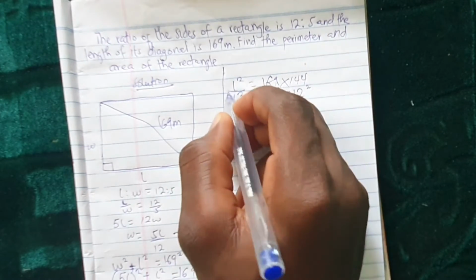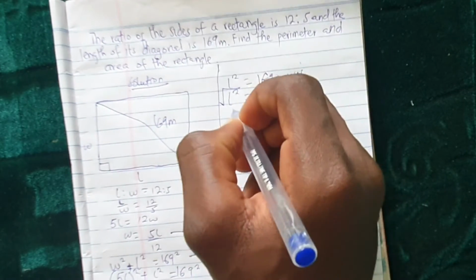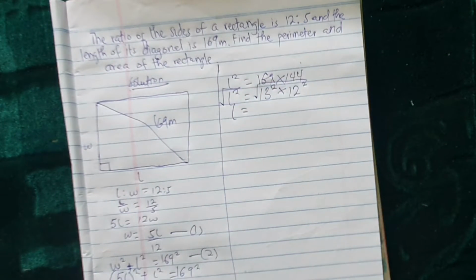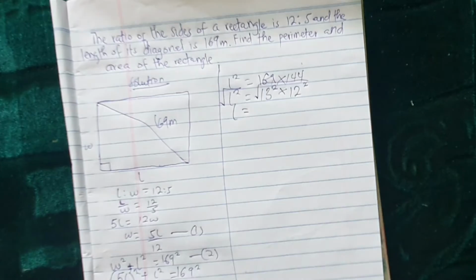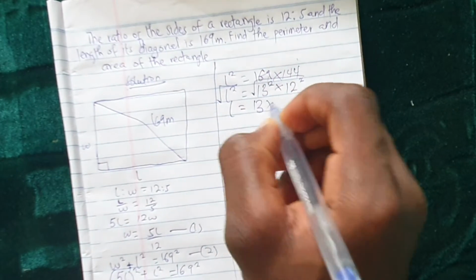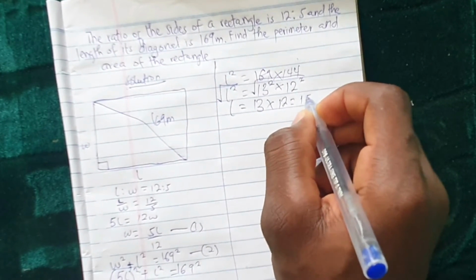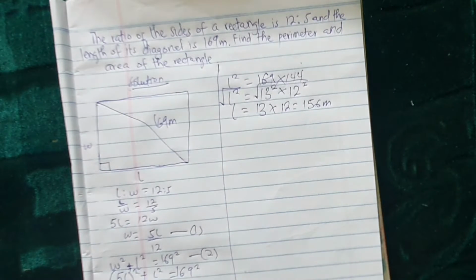If we square root both sides, L will be equal to, in this case we only need the positive. We are not concerned about the negative because we don't have negative distance. Distance is a scalar quantity, so there's no negative distance. These two squares will get rid of the square roots, and we'll get L to be 13 times 12, which is 156 meters.